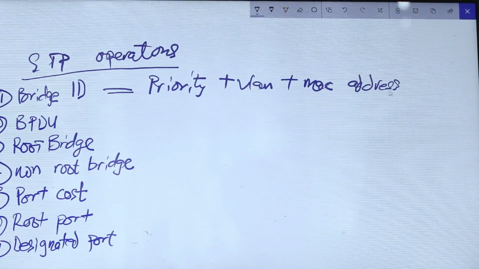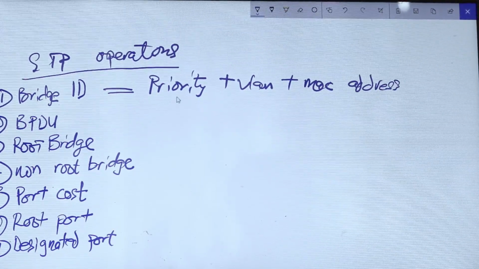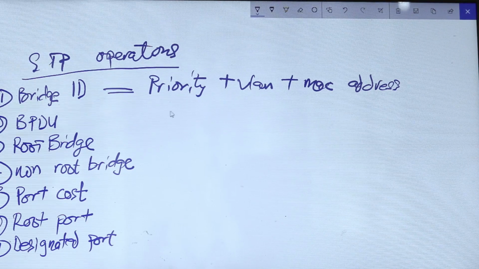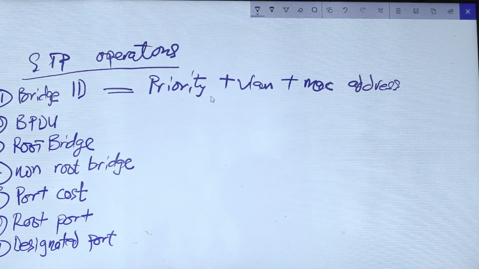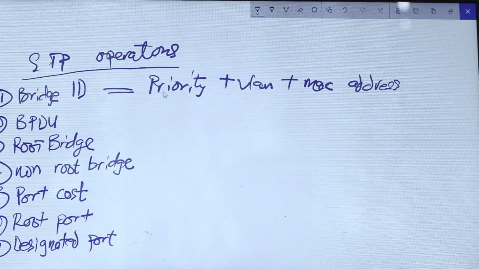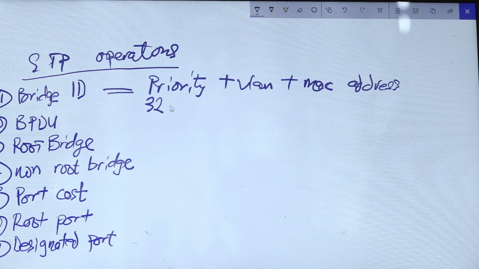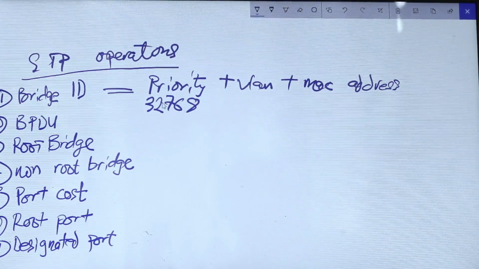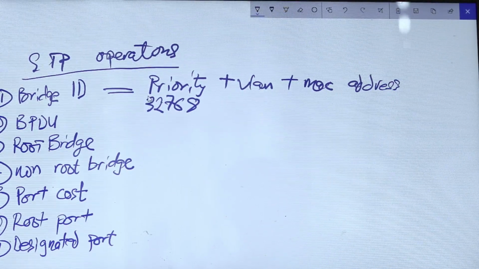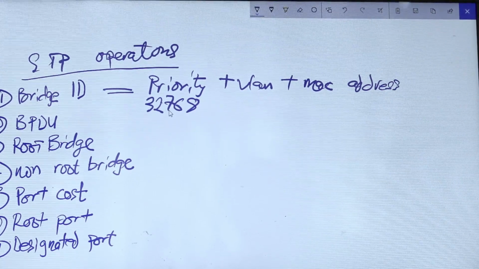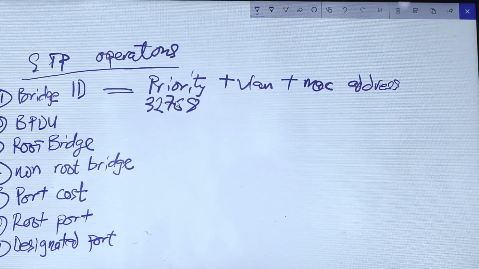What is priority? Priority is a number that is given to every switch. Okay, so for Cisco switches, the number is 32768. That's the default number which is given to every Cisco switch. Just a number.